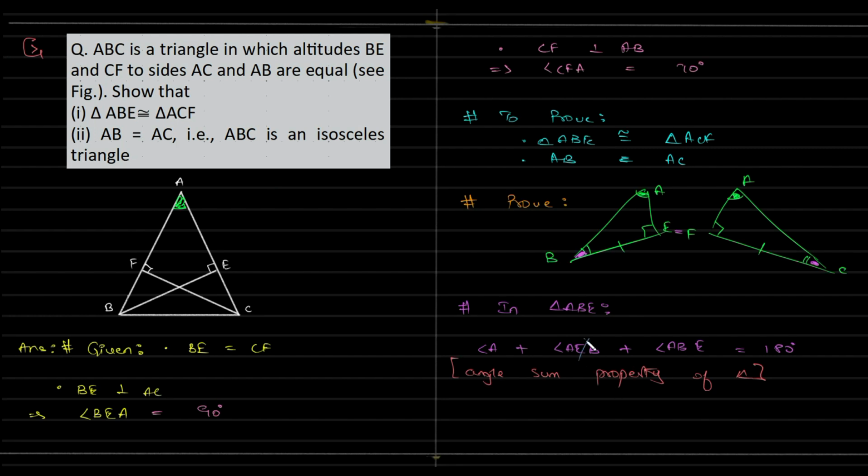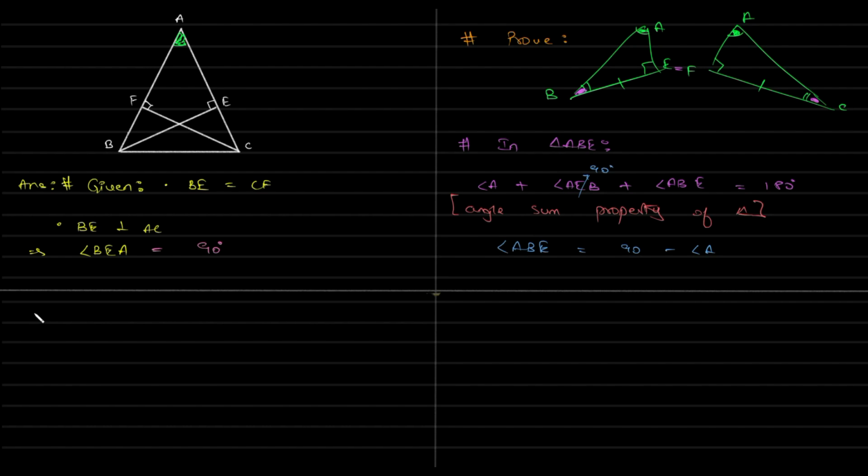So this happens to be 90 degrees, and so we have the expression angle ABE is equal to 90 minus angle A. By transposing all of this, we'll get this expression.